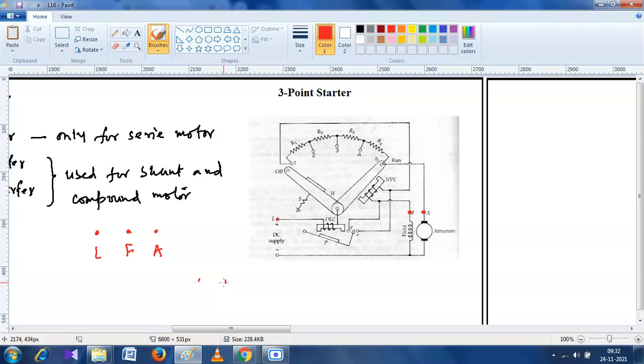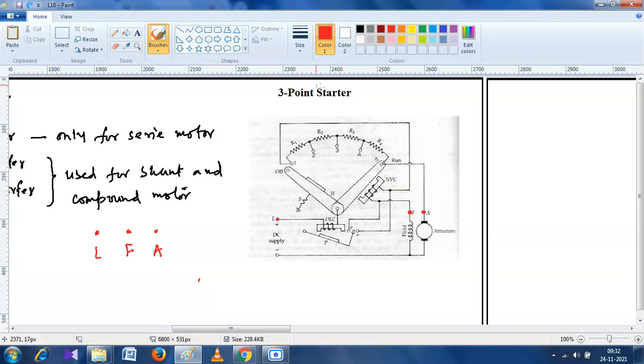These are L, F, and A. L stands for line, F stands for field, and A stands for what? Armature, sir. Armature. Good. That's why the name of that starter is 3 point.